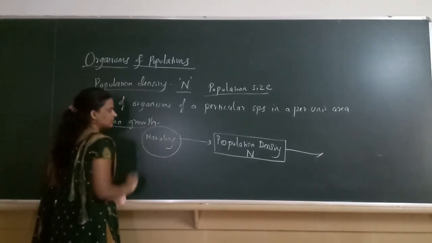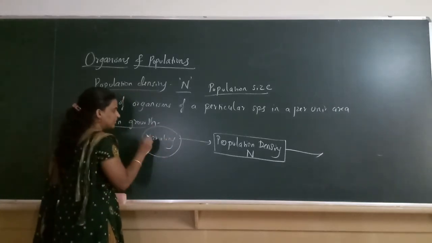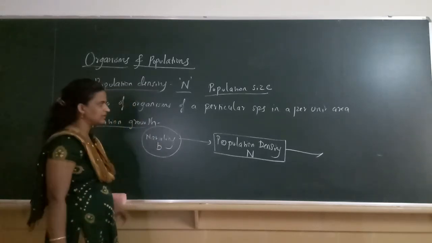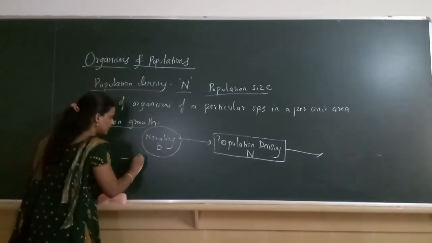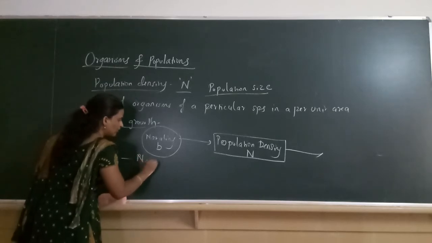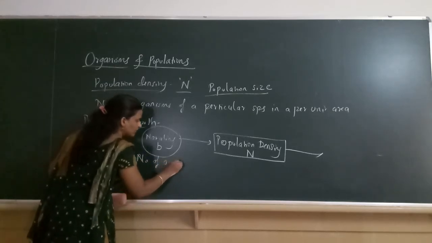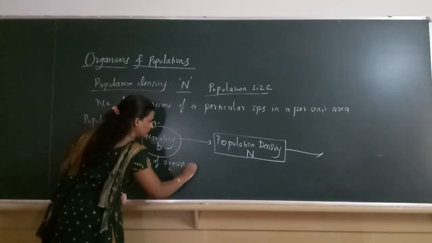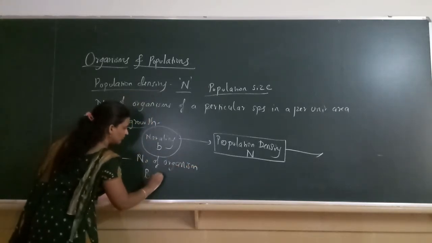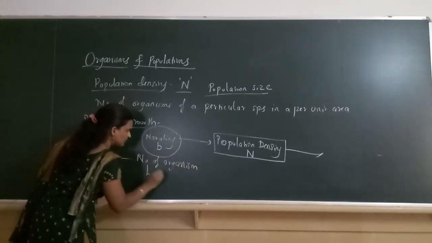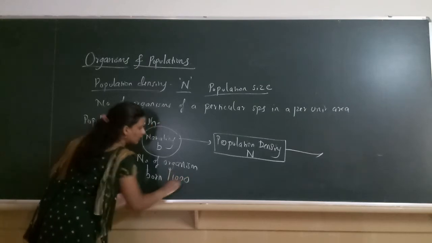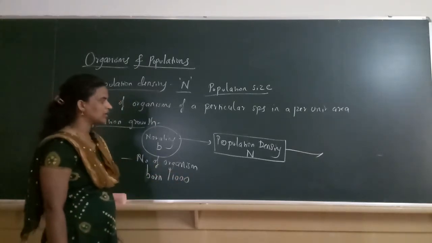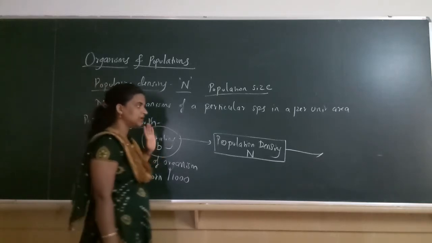It is represented by B. It is the number of organisms born per 1000 organisms, and that is called birth rate.